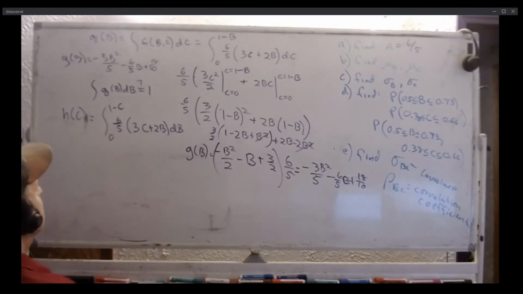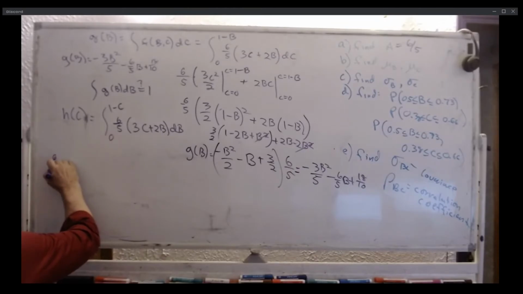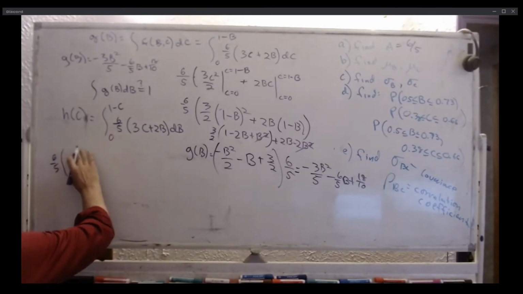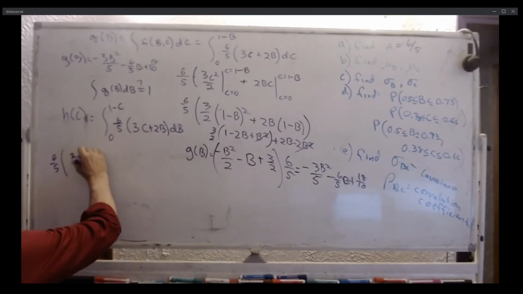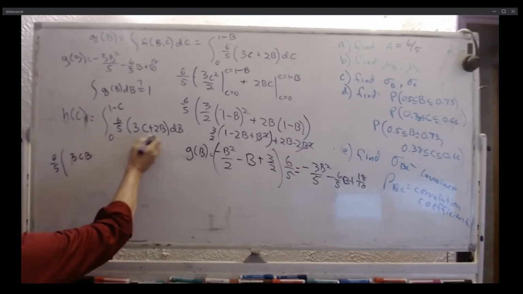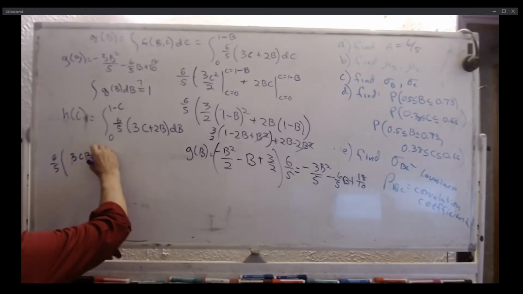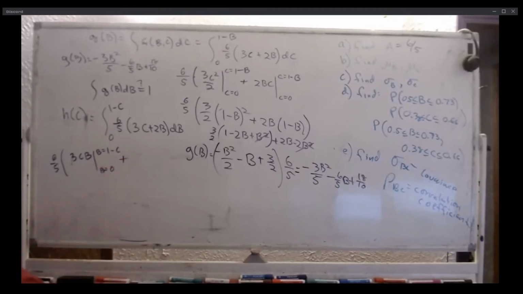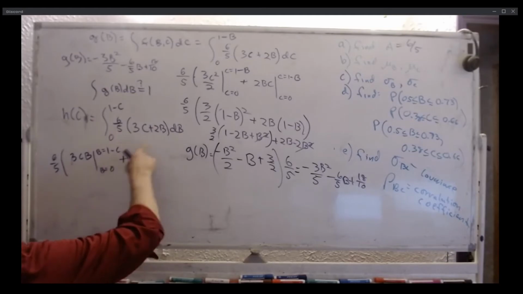Okay, you guys ready to roll? Same thing, only different, right? This is going to be 6/5 times the whole thing. 3C dB is simply 3CB evaluated for B equals 0 to B equals 1 minus C, plus, took the 6/5 out here, so that's good.